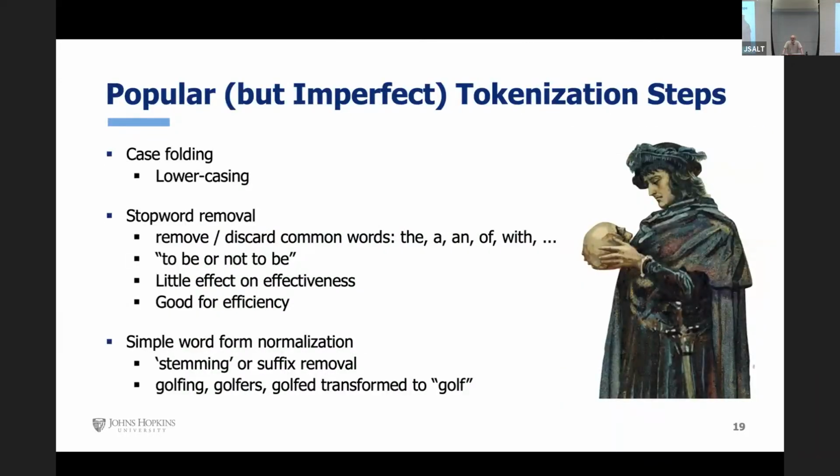So if you are doing explicit tokenization, there are a number of tokenization steps that happen, and you need to know about these just in case you're reading the literature and you see these concepts. Obviously, case folding, mapping everything to, say, lowercase, is often done in many systems. It's not done as much in modern systems because there's enough data that has capitalization to be able to make distinctions.